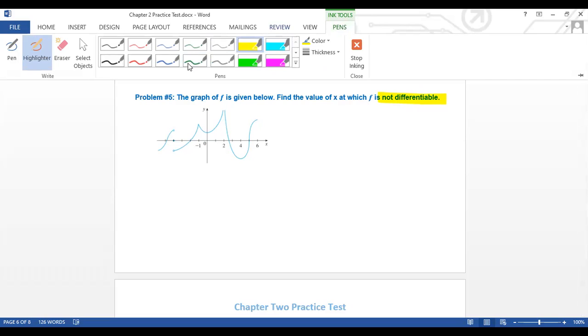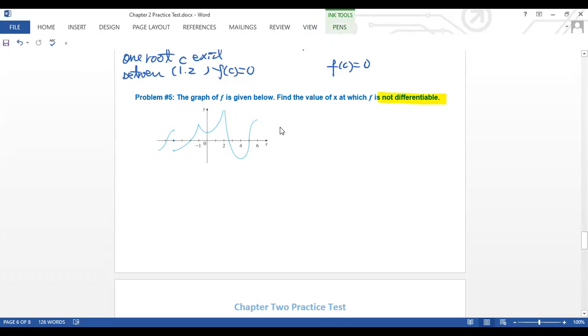So differentiability has to be continuous. And it's not only to be continuous, also what? I cannot have a sharp point, I cannot have vertical tangent lines, right? Those things. Okay, so let's take a look to see here.